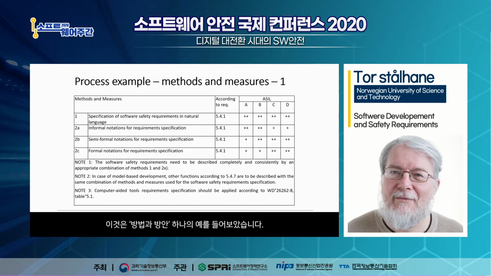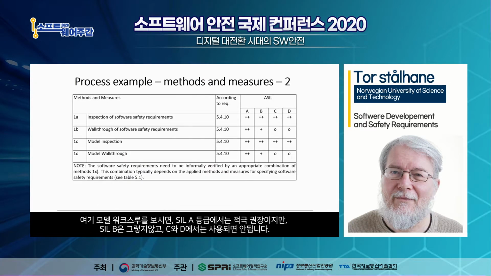Okay, this is an example of methods and measures. You see that, for instance, specification of software safety requirements in natural language is highly recommended, identified by these two plus signs for all levels, while formal notation for requirement specification is only considered highly recommended for ASIL level C and D, and it's all described in the standard section 5.4.1.